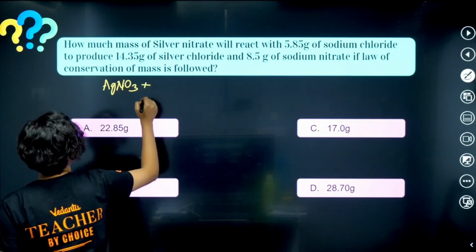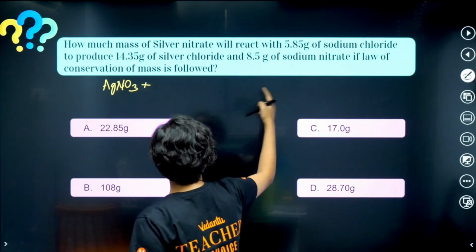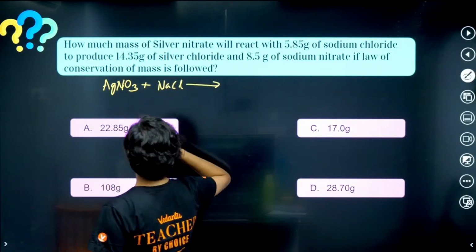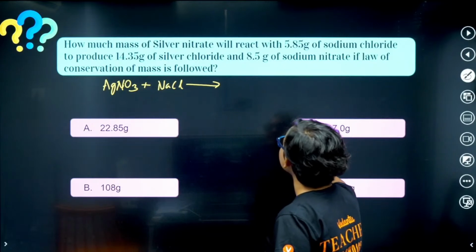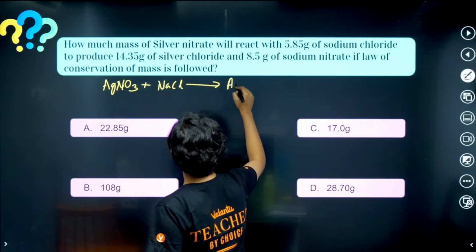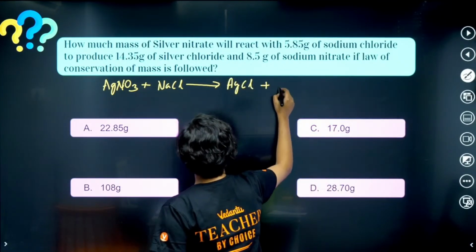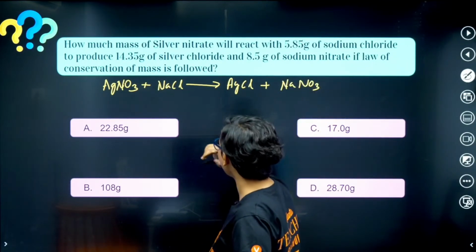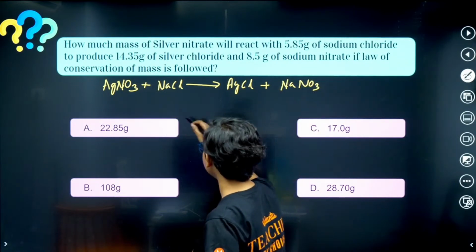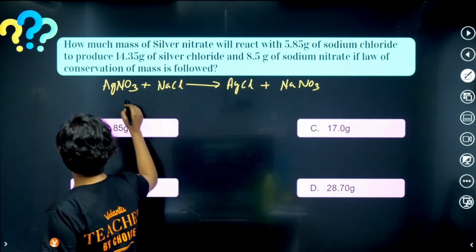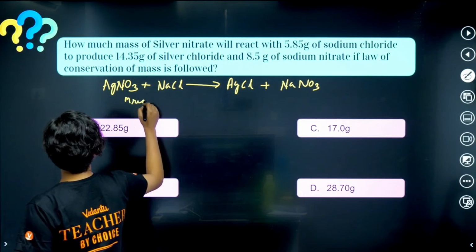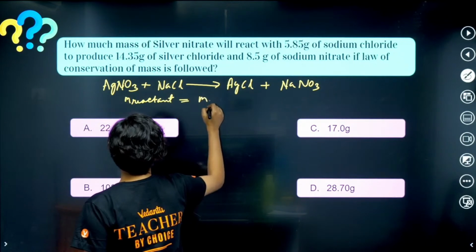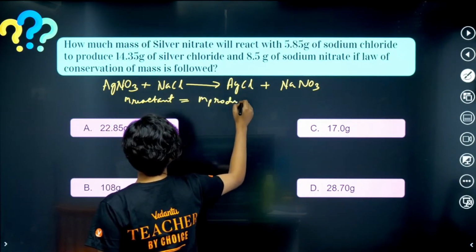AgNO3 reacts with sodium chloride, NaCl, to give silver chloride, AgCl, plus NaNO3. Now, as per law of conservation of mass, I can just write that mass of reactant is supposed to be equal to mass of product, isn't it?